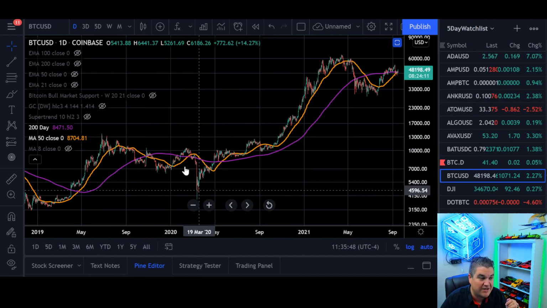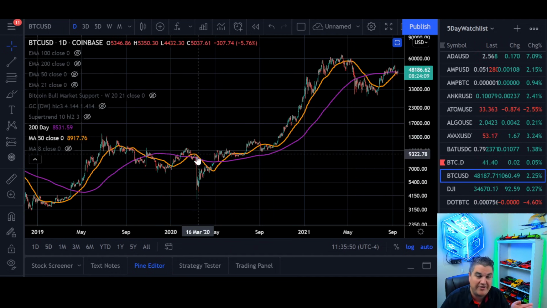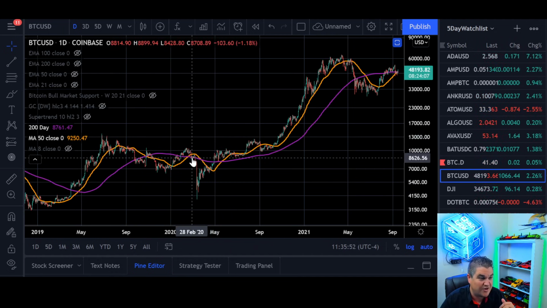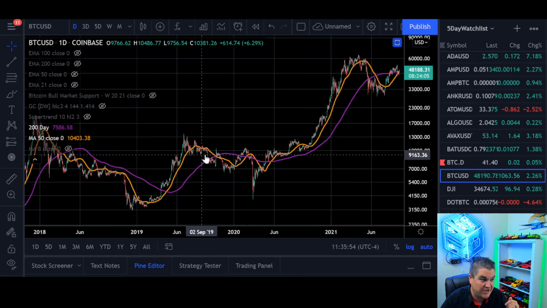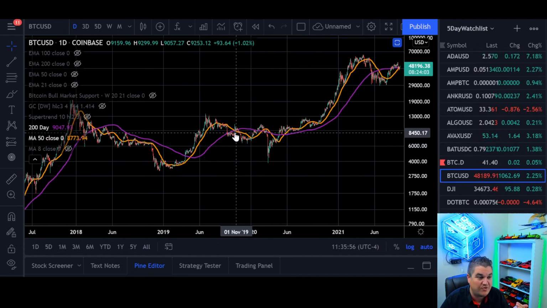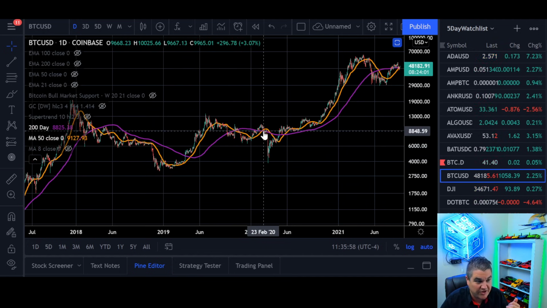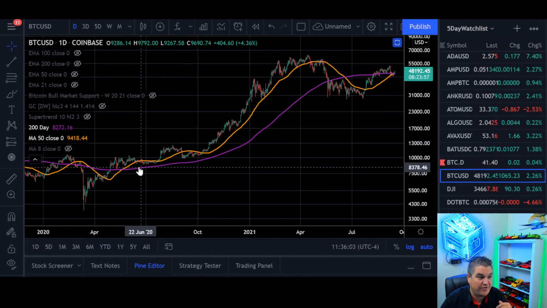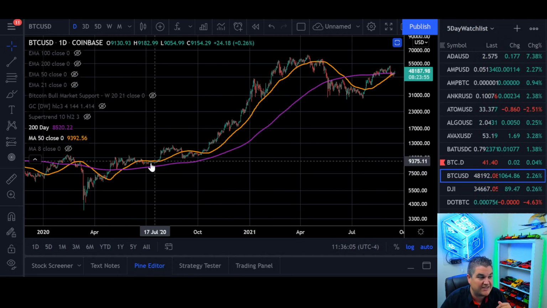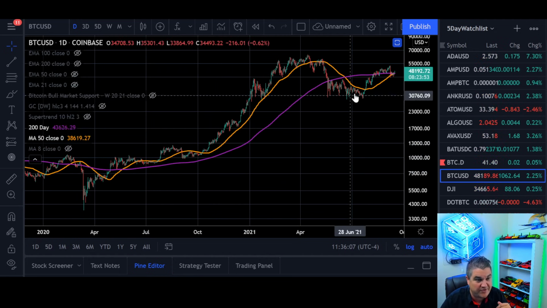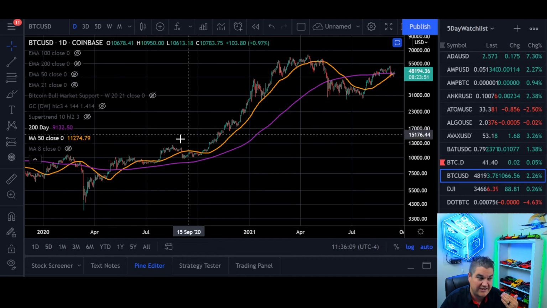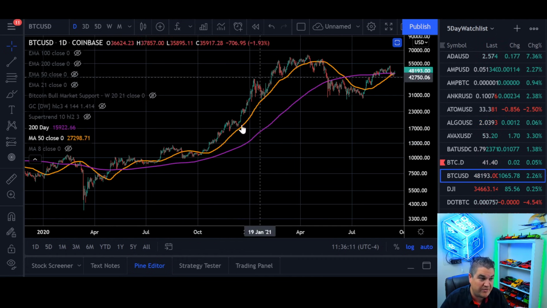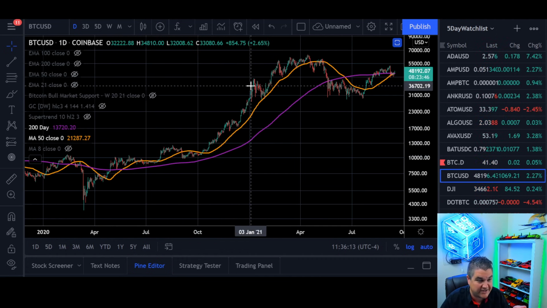This is kind of an anomaly because this is the black swan event that is the coronavirus. But historically, we've had fake outs before. Death cross, golden cross, death cross, golden cross. But the farther that we can separate these lines and the farther price action gets above the 50-day, the more likely it is that this will be confirmed and we can start putting in bigger moves like this.